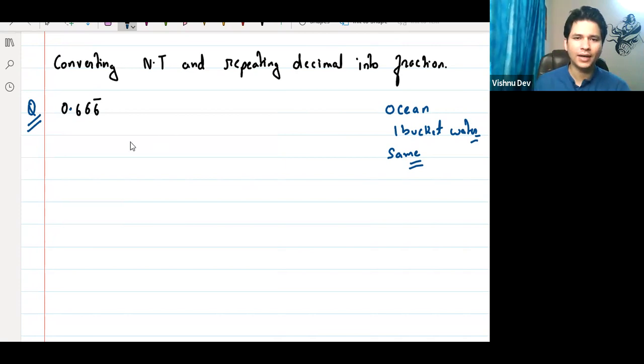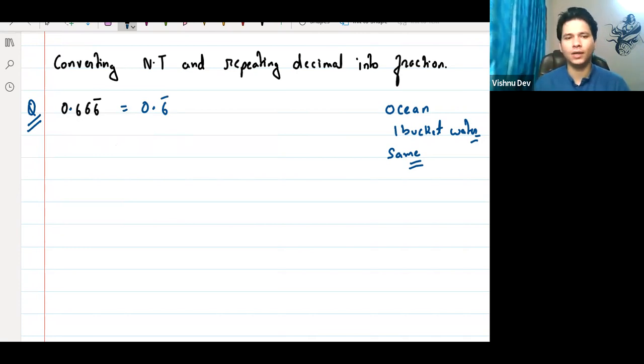Now, this is basically 0.6 bar. Let us try to think about it. How many digits are repeating over here?